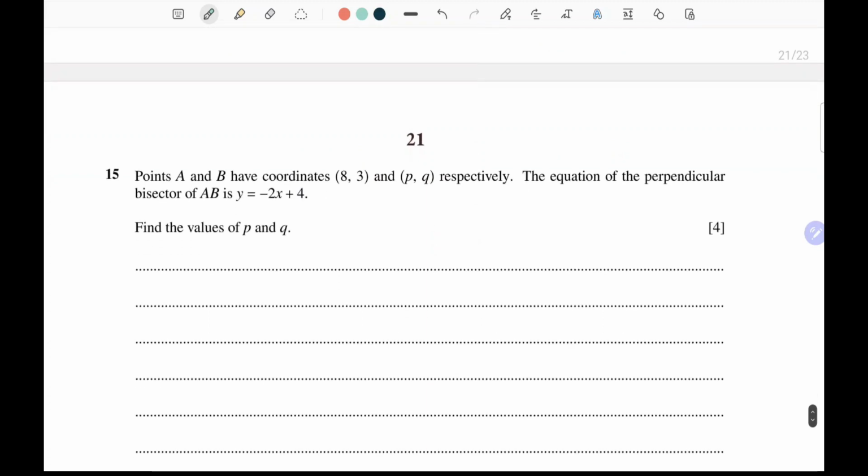Okay, now let's move to question number 15. The points A and B have coordinates (8, 3) and (p, q). The equation of the perpendicular bisector of AB is given. So I will say this is A, 8 comma 3, and B is p comma q, and this is the perpendicular bisector.